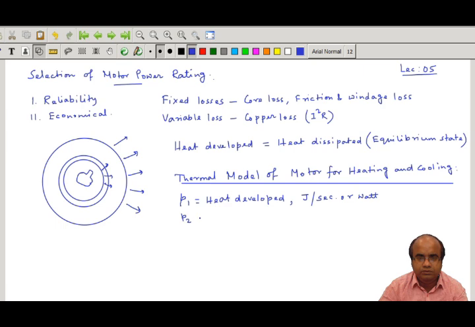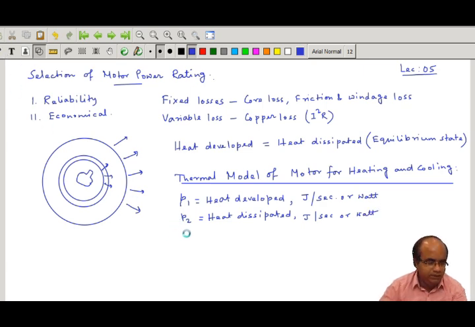P2 is the heat dissipated, also in joule per second or watt.